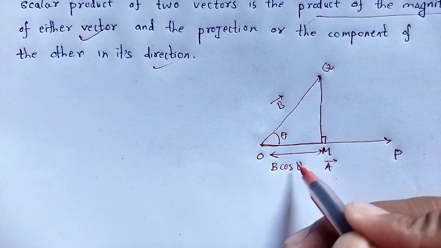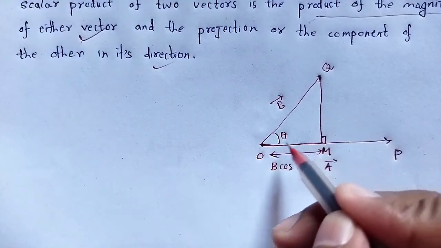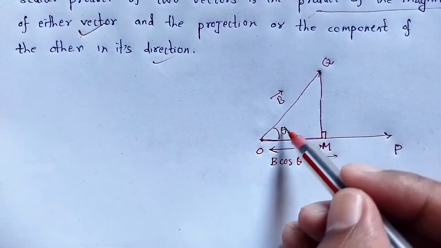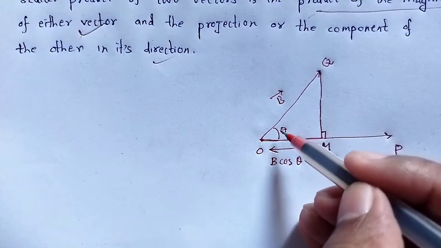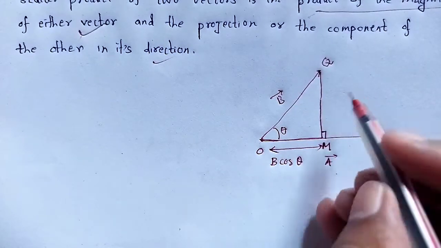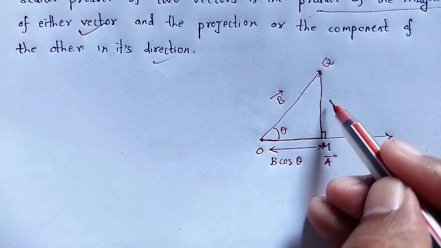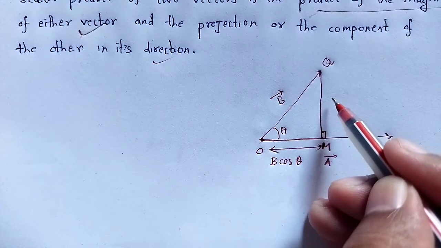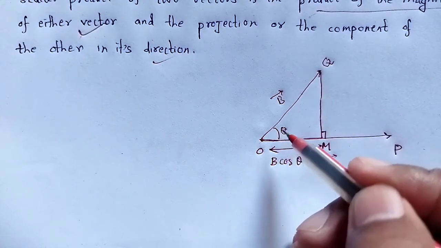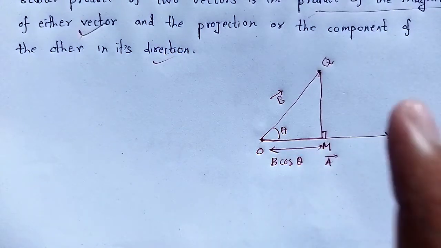According to the trigonometric formula, cos theta is equal to base divided by hypotenuse, then OM is equal to B cos theta.